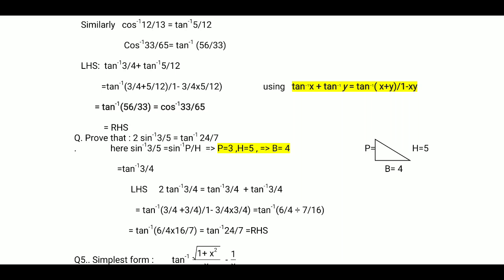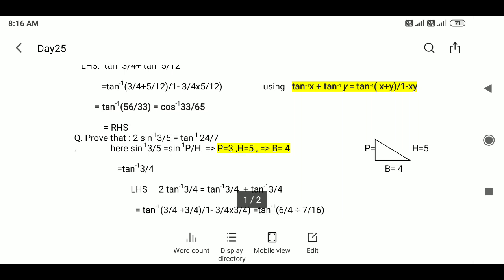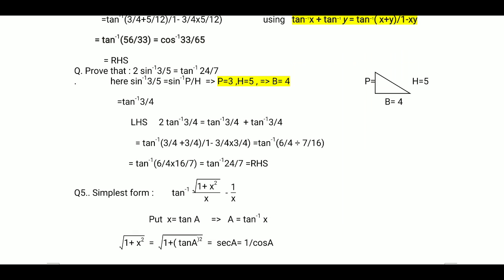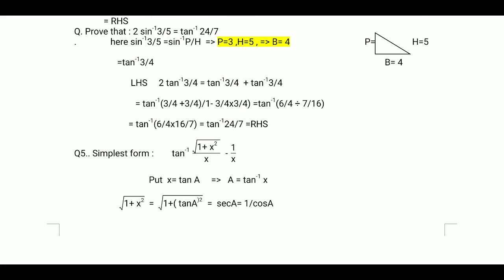After calculation we get tan inverse 6 by 4 multiplied by 16 by 7, that is equal to tan inverse 24 by 7. That is the RHS, right hand side. So thus we have proved this problem also.